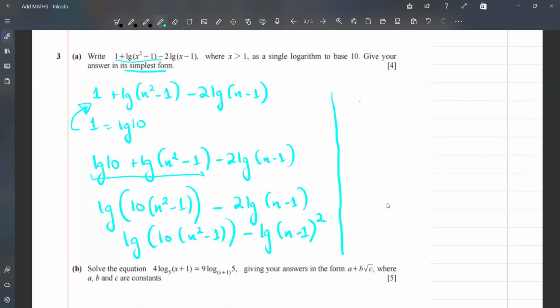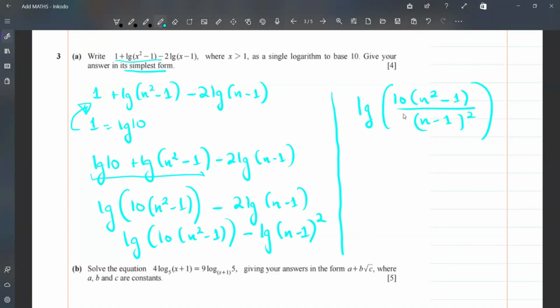Now we need to subtract, and whenever we subtract logs with the same base, we divide the arguments. Let's do that: 10(x² − 1) upon (x − 1)².